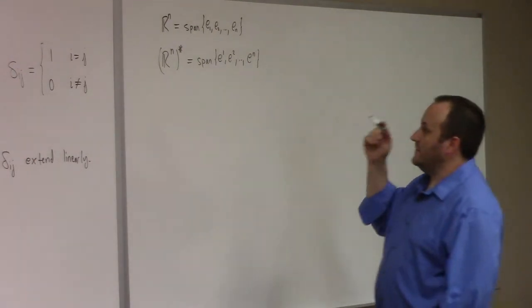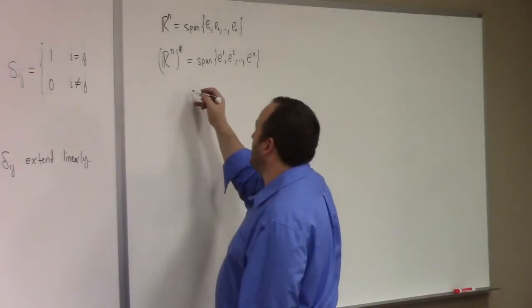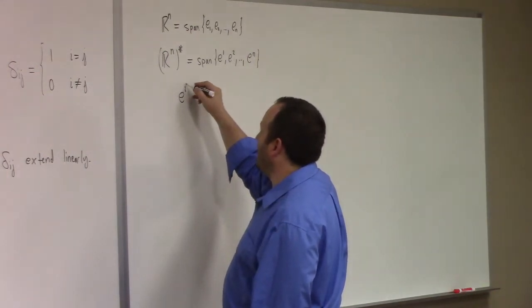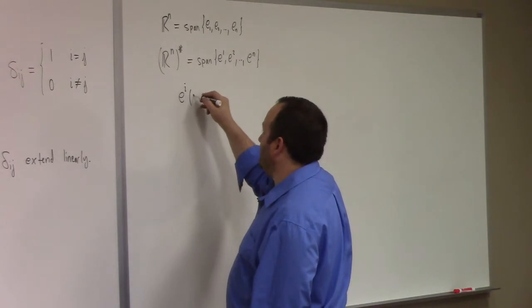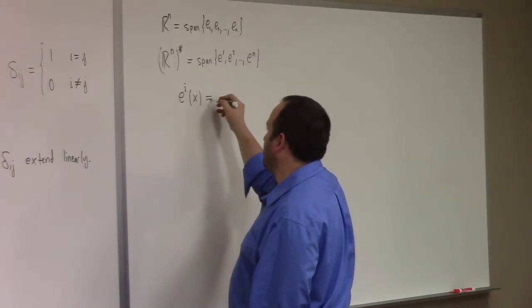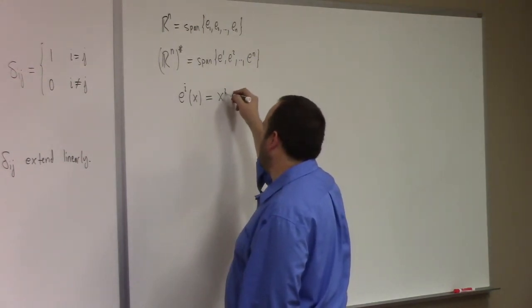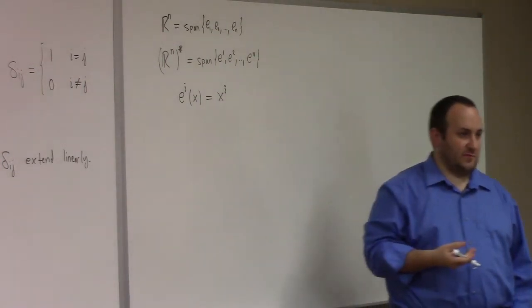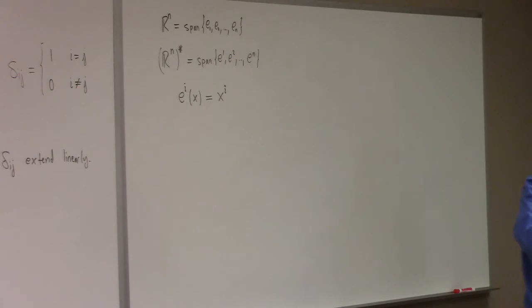Now, if we take e upper i and we let it act on x, then it gives us x upper i, by the theorem I just proved. But how else can we obtain the ith component of a vector in Rn?